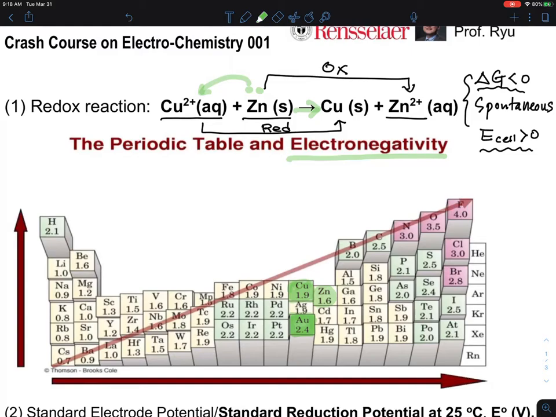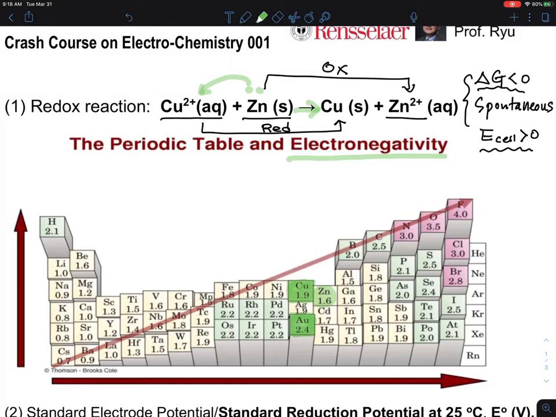Unfortunately, this is not all the information sufficient for us to understand which one will be reduced. The one with higher electronegativity will be the winner in competing for the electrons, so that it can get reduced.